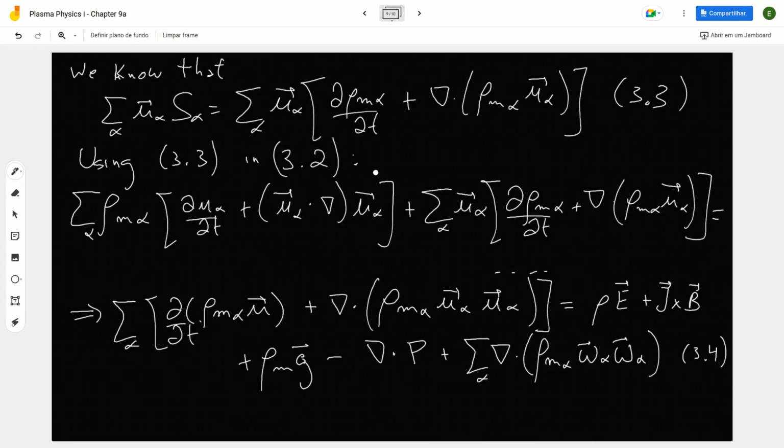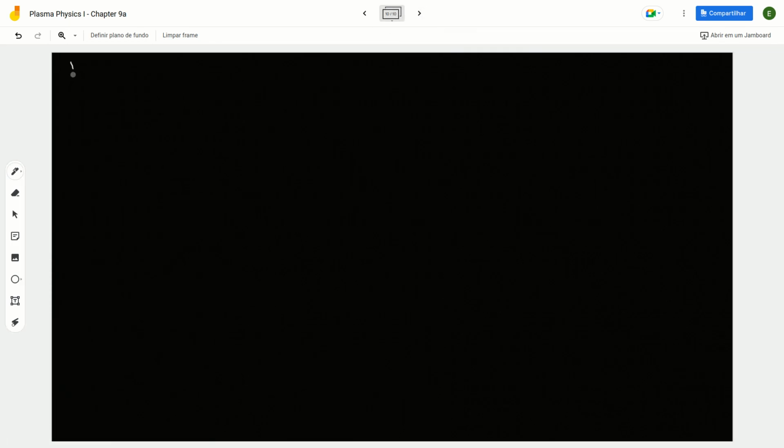Now we have to think about this term here. We can rewrite it as well. Let's treat this term. The left hand side is, what do I have?